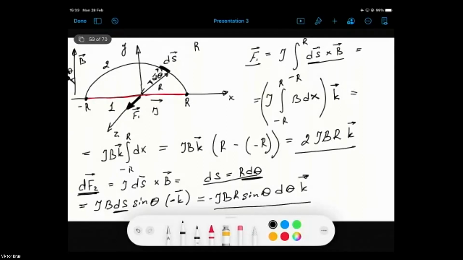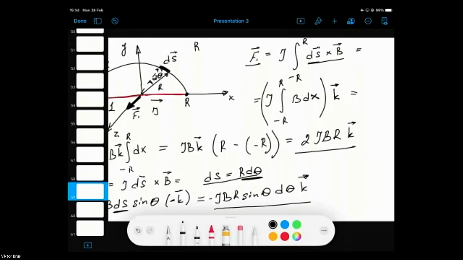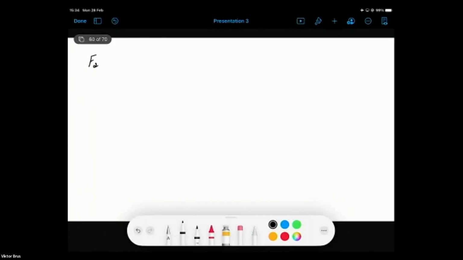We go from theta 0 to pi, which will be 180 degrees, meaning we have a semicircle. So let us write this integral on the next slide. That will be F2 vector equal to, we have this minus in front, we keep it in mind, from 0 to pi.